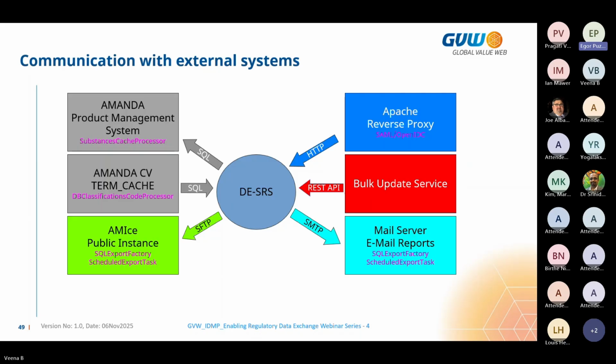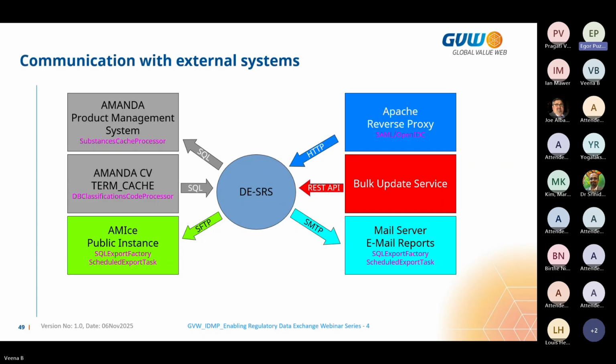For that, I need to create a specific processor, a substance cache processor, which will run every time we modify some substance. This processor will update a specific table in the database.